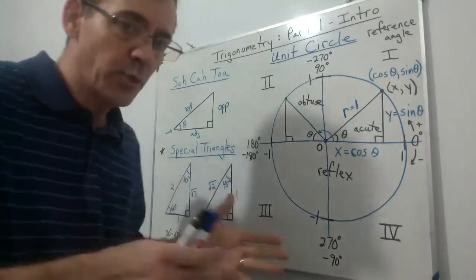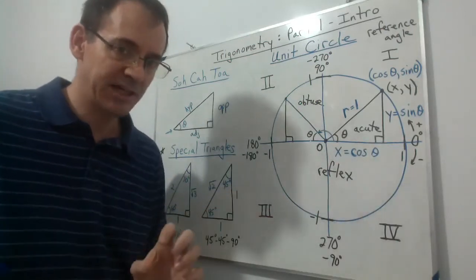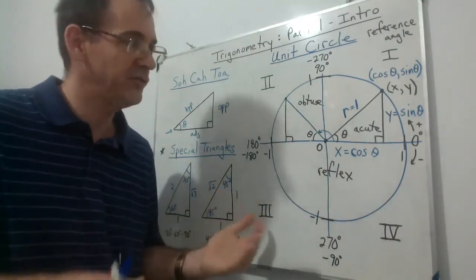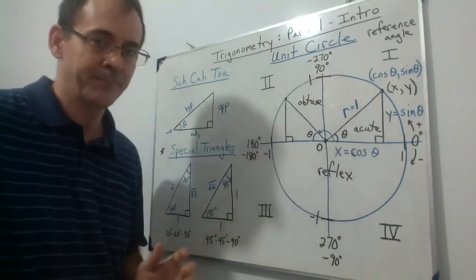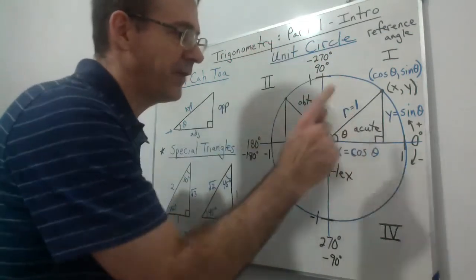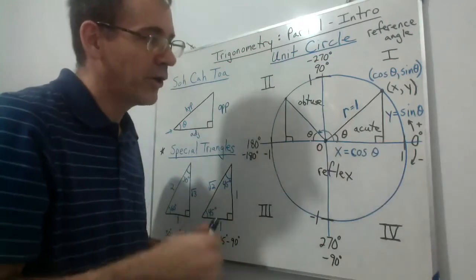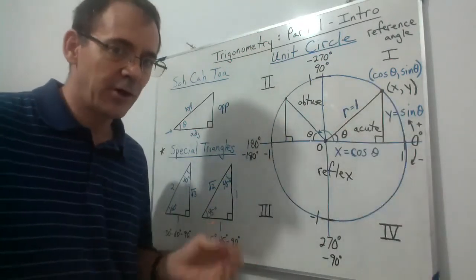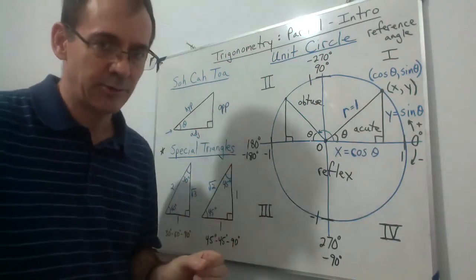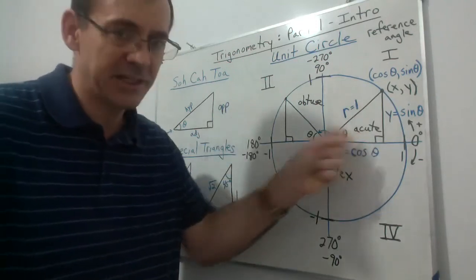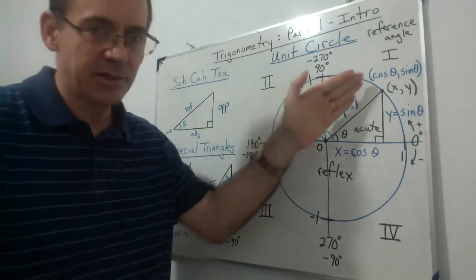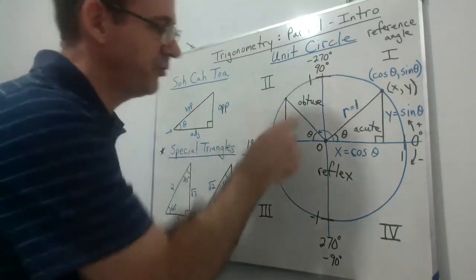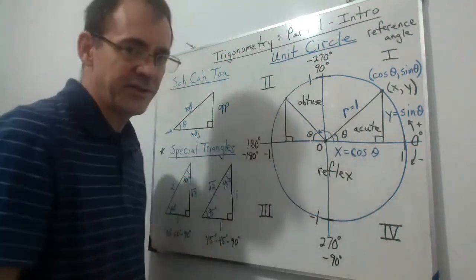So when you're working with this question type that uses this kind of vocabulary, you want to make yourself a little triangle, or at least draw a line in, first of all, into which quadrant you're dealing with. So when it says acute, you're going to draw into the first quadrant. When it says obtuse, you're going to draw a line into the second quadrant.